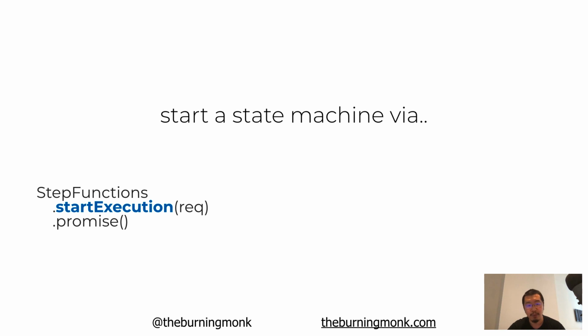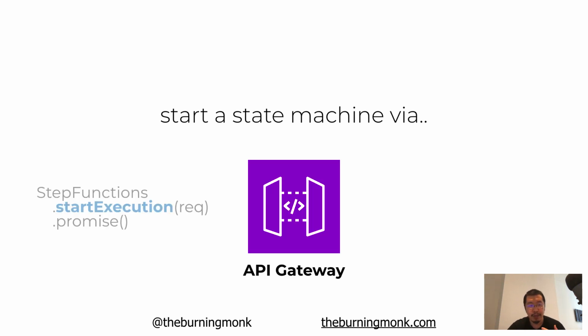You can start one with the AWS console, which under the hood just calls the step functions API to start an execution, which means you can also start it via the AWS SDK or the AWS CLI and so on. You can also start an execution with an HTTP request with API Gateway using the service proxy.